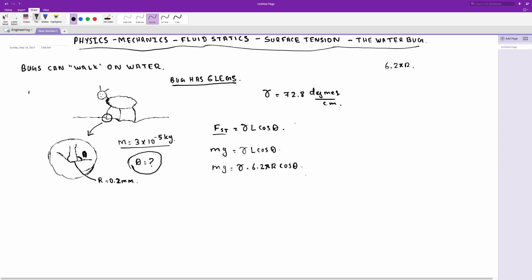We have to find the theta, so let's rearrange this equation.